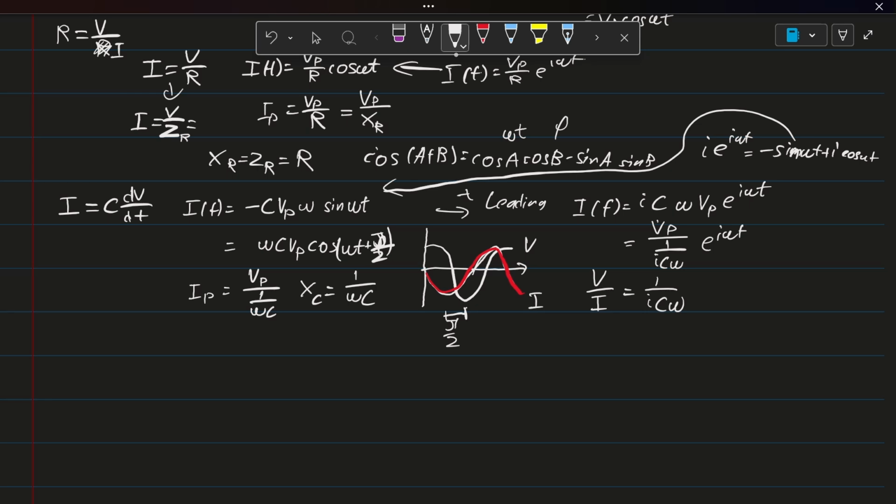But I will later discuss how much the lag is based on the complex number. So now I just want you to accept that the impedance is 1 over i c omega, and this is related to the pi over 2 phase difference.